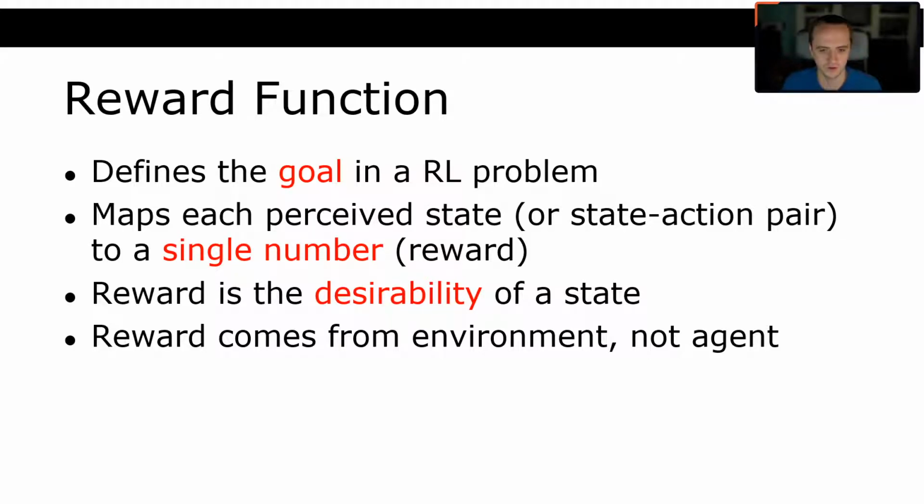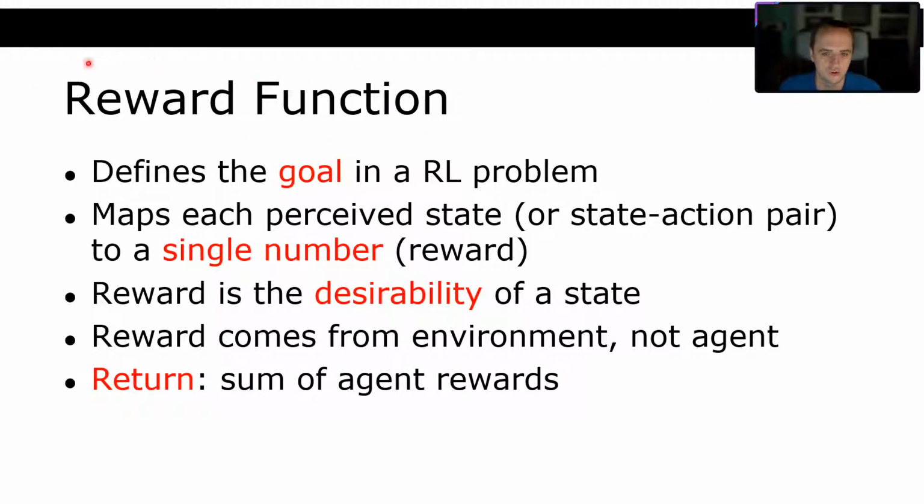So an important thing is that the agent has no control over what reward it gets. For example, in real life, if you touched a hot stove, you could maybe build up a pain tolerance or say, oh, I really don't care about being burned, but that's not how reinforcement learning works. You can't control the reward signal, okay? The reward signal is coming from the environment and you just have to deal with it.